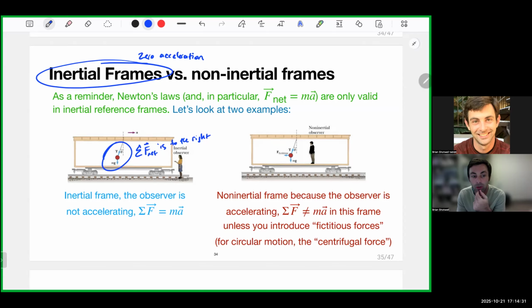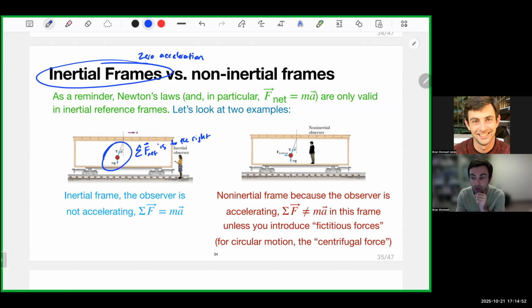The ball tied to the string, tied to the train, is forced to move along with the train. The only way to get a horizontal force on the ball is not from gravity. It's got to come from the tension in the string. And the tension can pull up and to the right as long as the ball swings back like this.